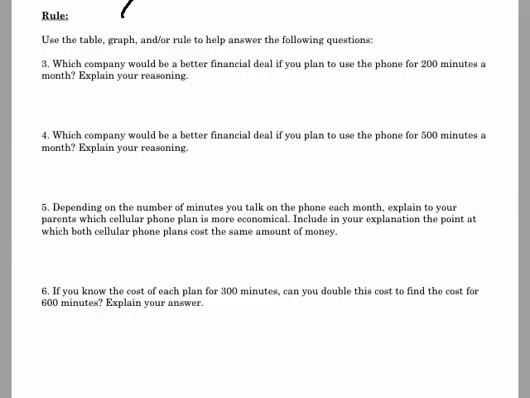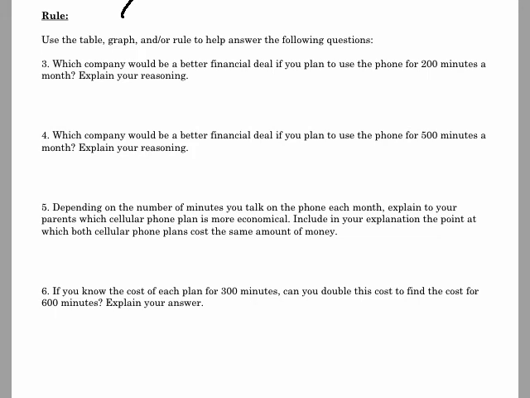As you finish up your graph, then there's some questions on the last page. Especially like number 3. You need to kind of understand, based on the graphs or based on the table, which function, which cell phone plan, which is represented as a function, will be best for you.